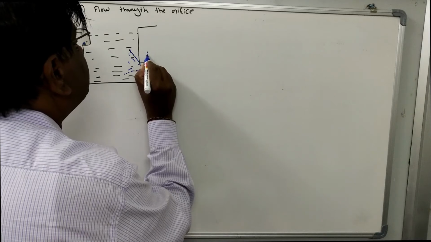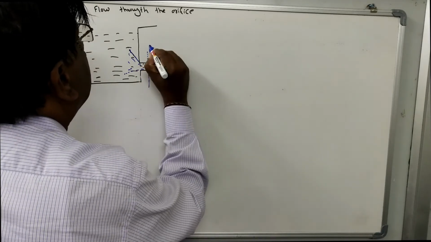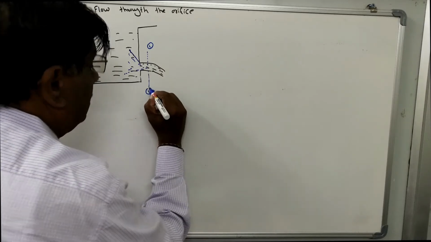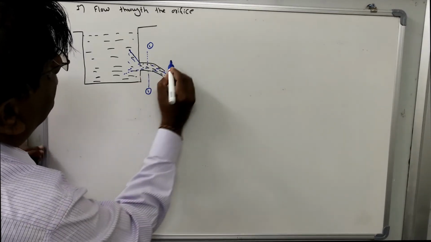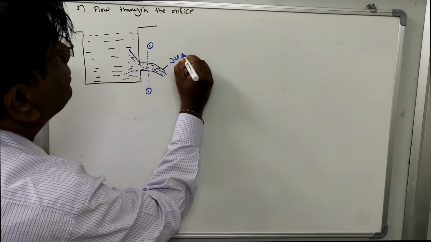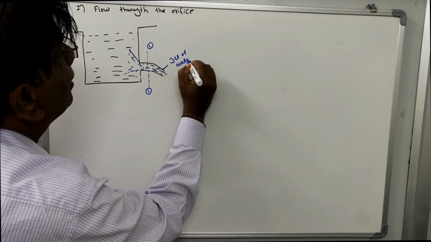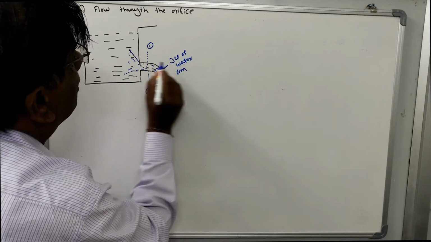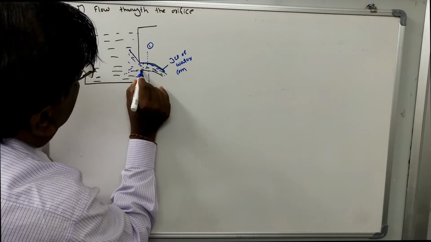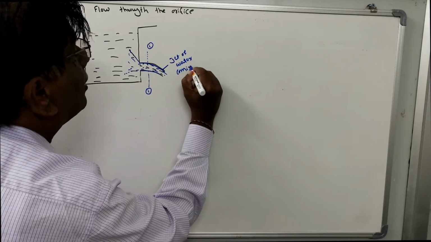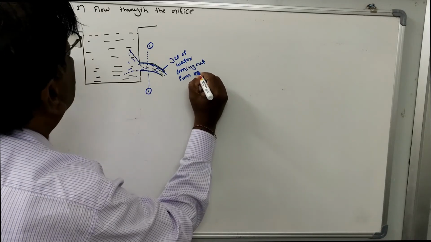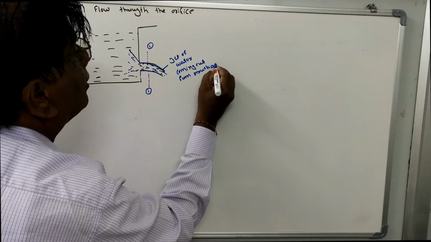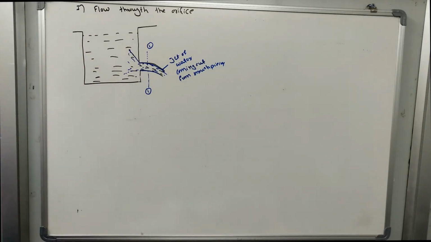Let us consider a section here. Let this section be 1-1. This is the jet of water coming out from the mouthpiece.